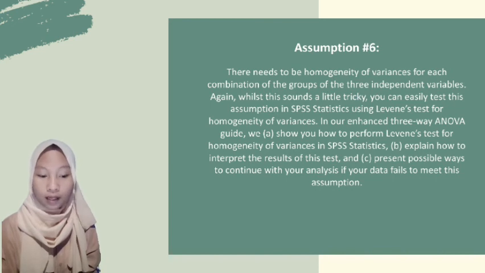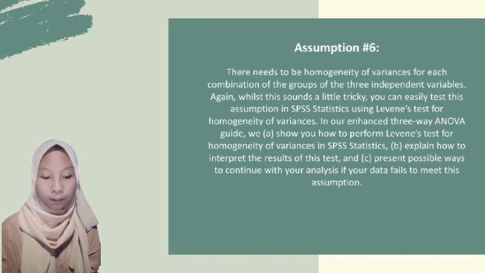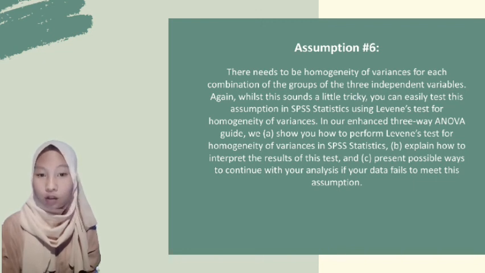In our enhanced three-way ANOVA guide, we: A. show you how to perform Levene's test for homogeneity of variances in SPSS Statistics; B. explain how to interpret the results of this test; and C. present possible ways to continue with your analysis if your data fails to meet this assumption.